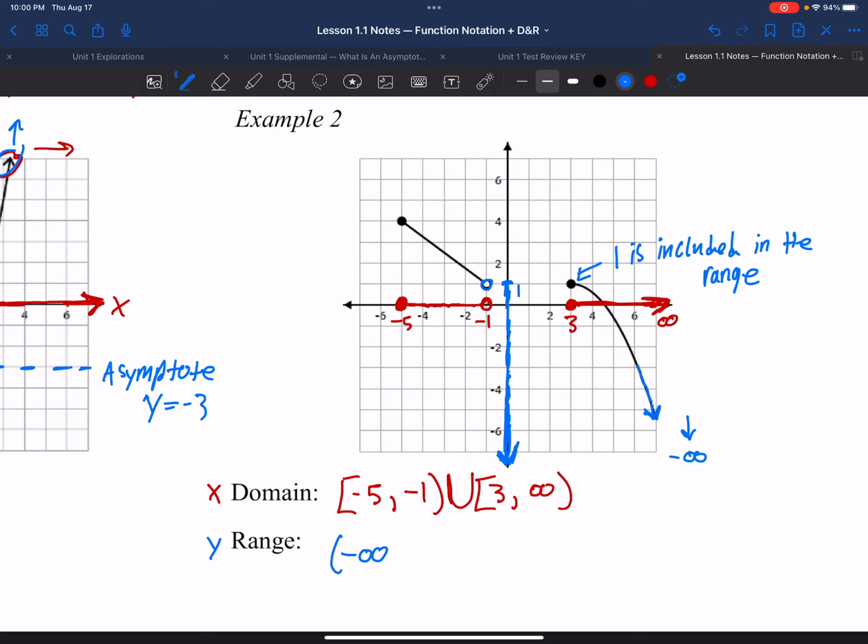And then if you continue along this curve right here, you're going to keep on going up, but finally it's going to stop here at 4. And so if you're looking at my y-axis, 4 is up here, and it goes down to -infinity. So your upper bound is 4. And it stops there with a nice inclusive bracket.